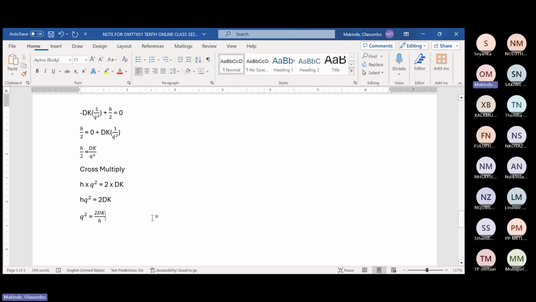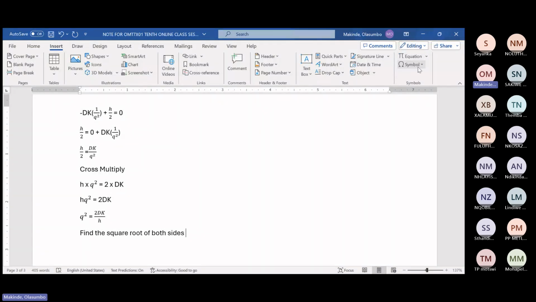And that means based on this now, we can find the square root of both sides, because if you find the square root, that's when you can get q. Find the square roots of both sides. If you do that, this will give you, so I will just put everything inside the square root.